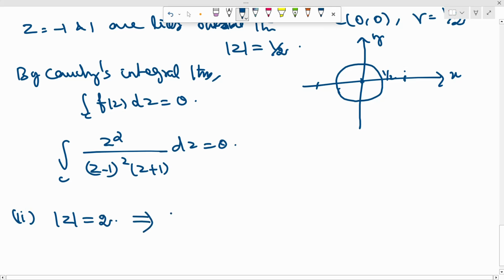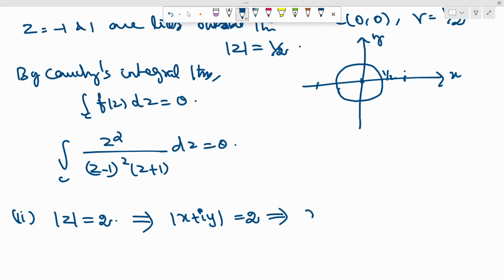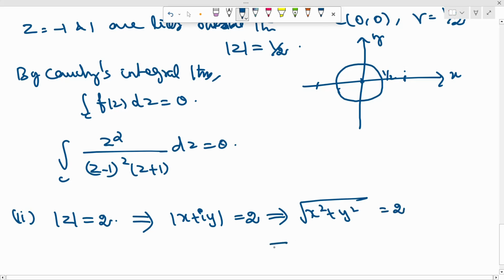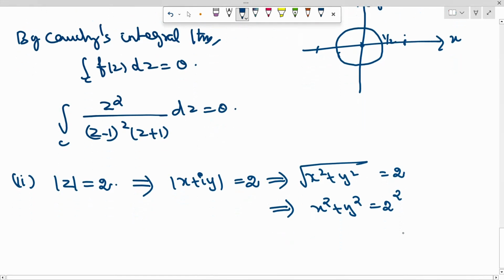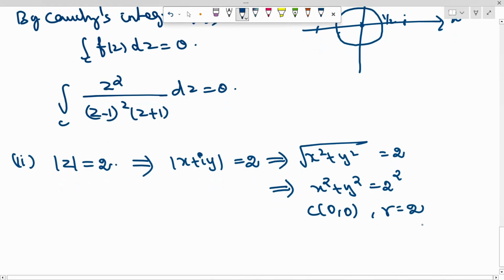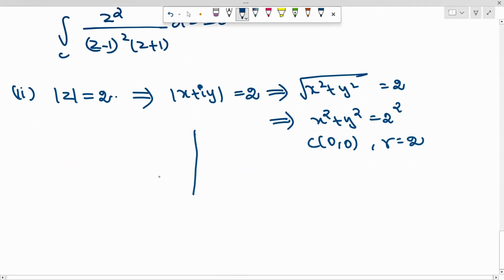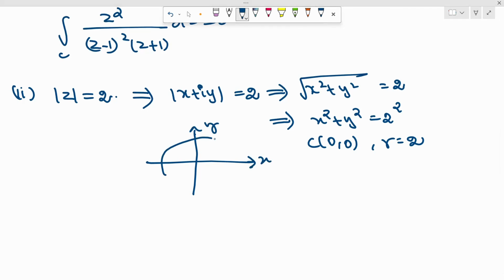Okay, and then our second contour is modulus of z equal to 2. Here substitute z equals x plus iy, and remove the modulus. We can write root of x squared plus y squared equals 2. Squaring on both sides, we get x squared plus y squared equals 2 squared. Here the center of the circle is (0, 0) and the radius is 2. Okay, and then draw the diagram with x-axis, y-axis, and a circle of radius 2 centered at the origin.